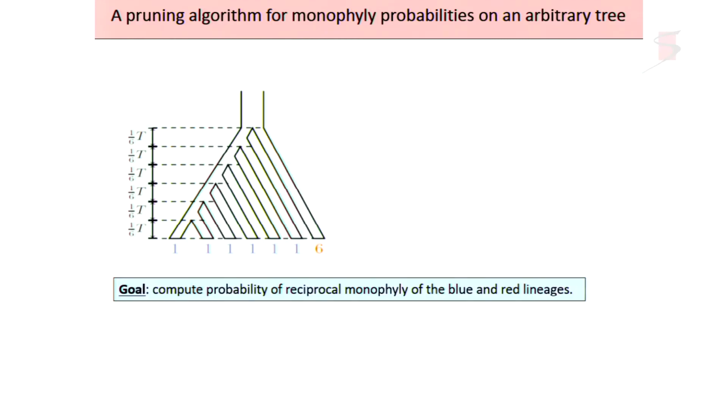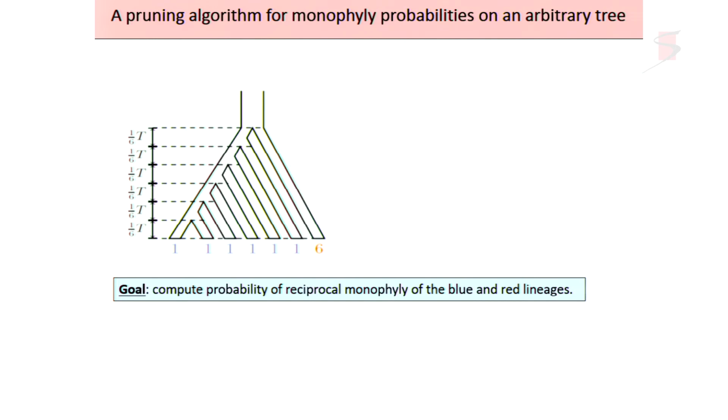Okay, now here's an example that I think directly relates to the problem in the literature of having to test pairs of species separately. Suppose this were a species tree and we were interested in monophyly of these blue lineages. The goal is to compute the probability of reciprocal monophyly of the blue and red lineages.